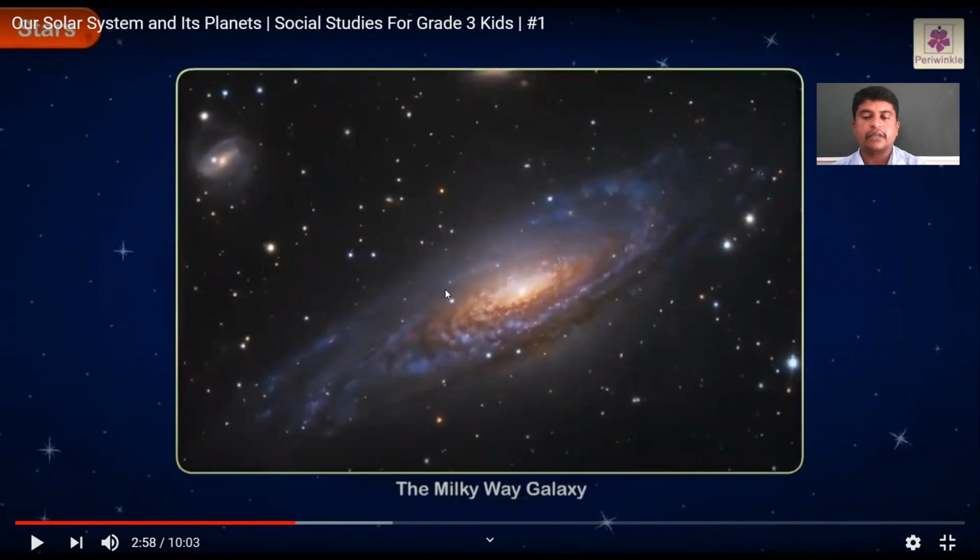Dear students, people have given names to these constellations, based on the picture they appear to make, right? As you all know, millions of stars of various sizes form galaxies. What is the structure of the galaxy? Do you know, children, how they form? By billions of stars of various sizes.